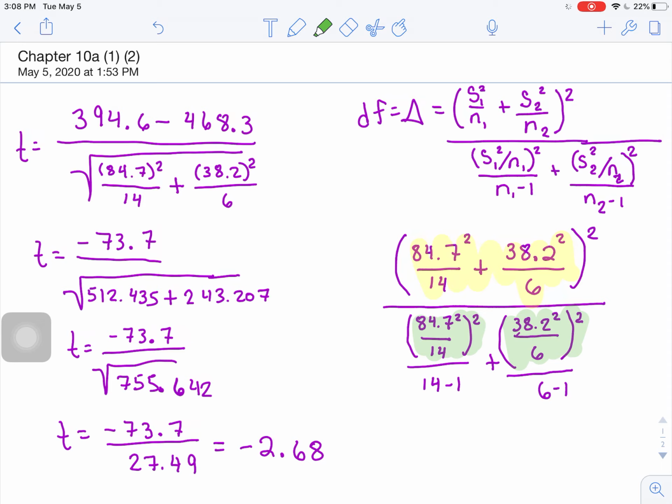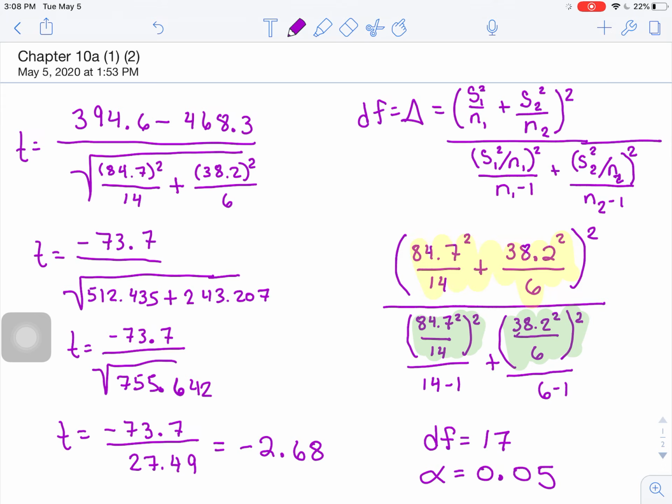Once you divide it, then put it back in your denominator. Because your final answer is going to give you 17 point something. So when you round down, you actually are going to get a DF of 17.